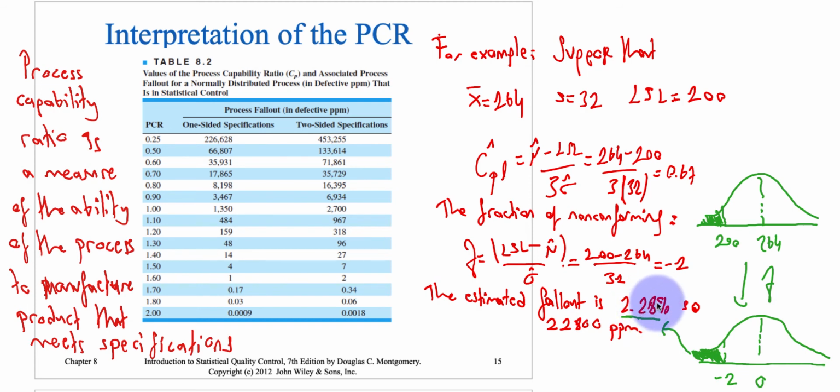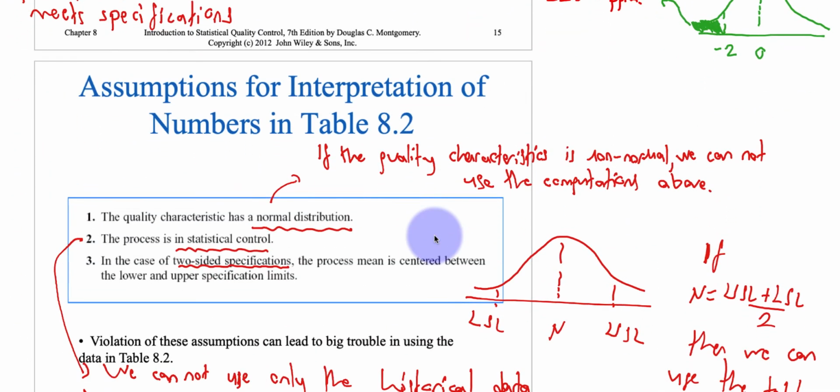In percentage, it is 2.28, sorry. In probability, it is 0.0228, right? Yes. And if we multiply this with 1 million production, the number of defective non-conforming products is 22,800. Let's continue.